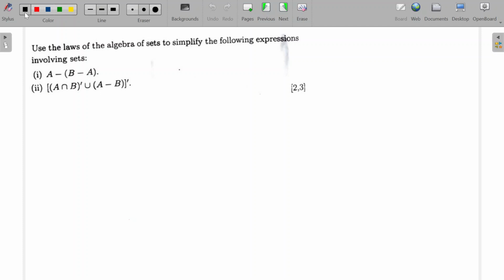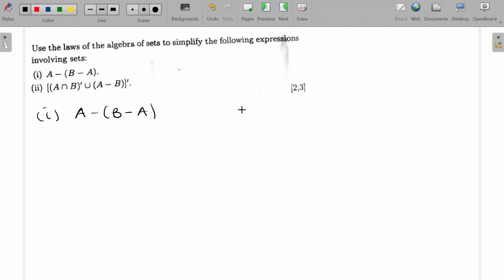The first thing you're supposed to do, for I, A minus (B minus A), is to start with what is in the brackets.